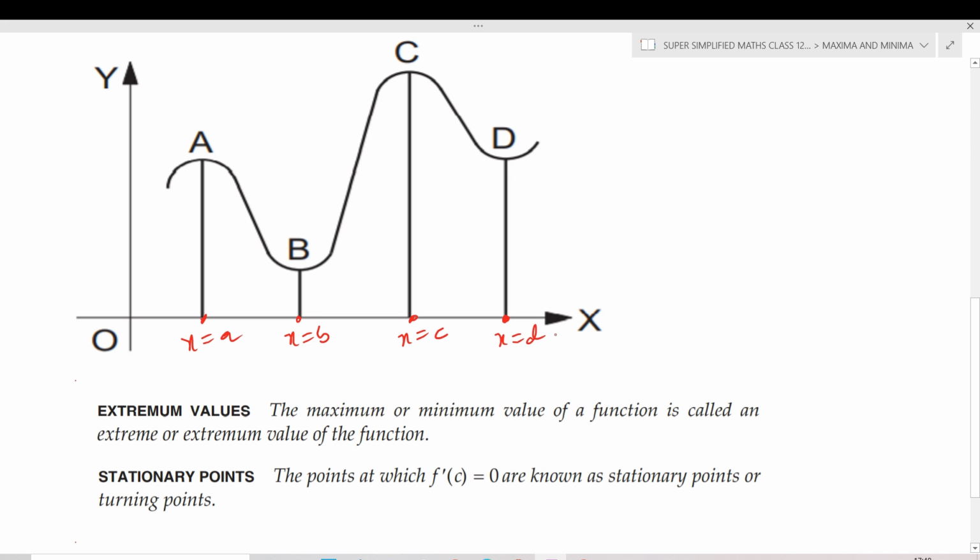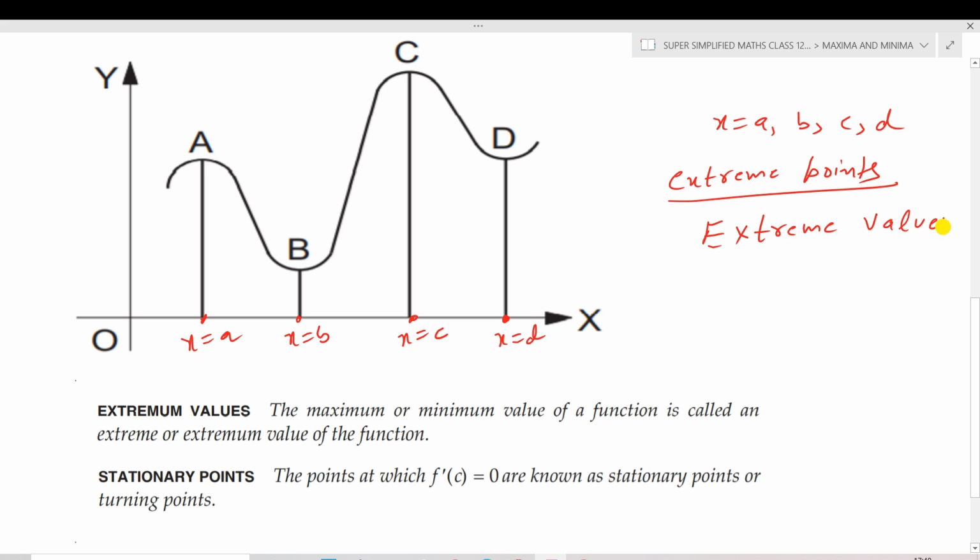So all these points x equal to A, B, C and D, where the function is attaining its maximum or minimum values, are called extreme points, and the value of the function at these extreme points is called the extreme value of the function.